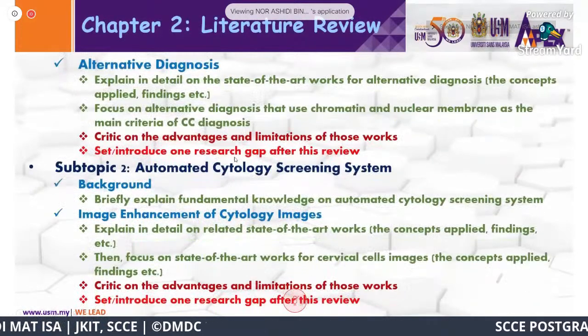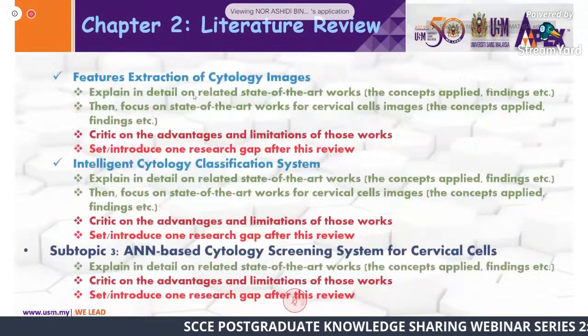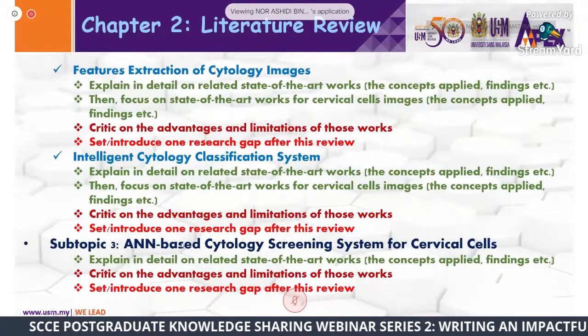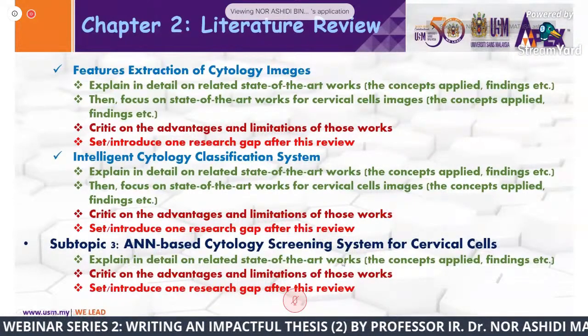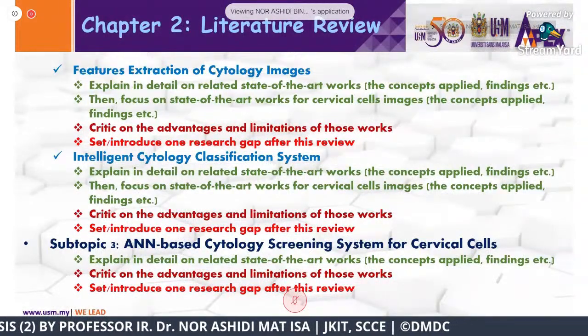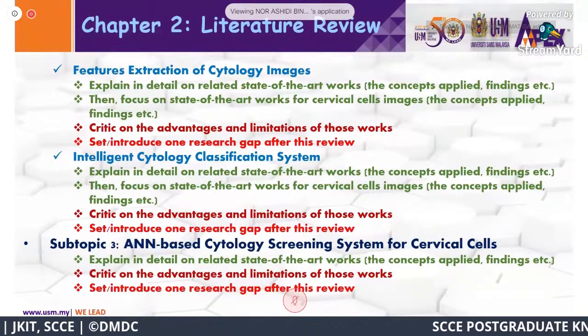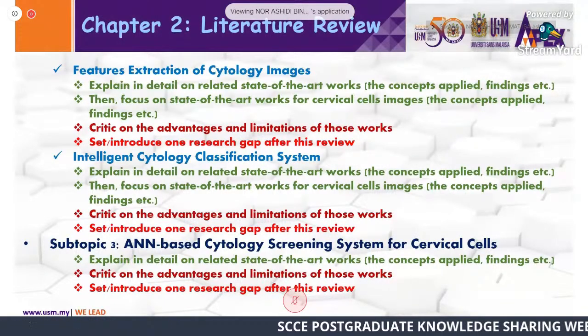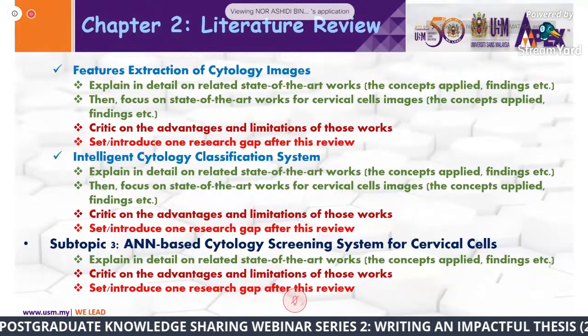Number 1 is for the alternative analysis, number 2 is for the image enhancement, number 3 is actually for the feature extraction, number 4 is actually for the cytology screening system, a combination of this one and this one. Okay, so that's why at the end of the day, because she has 4 research gaps, she came out with the 4 research objectives. 1 objective specific to 1 research gap.